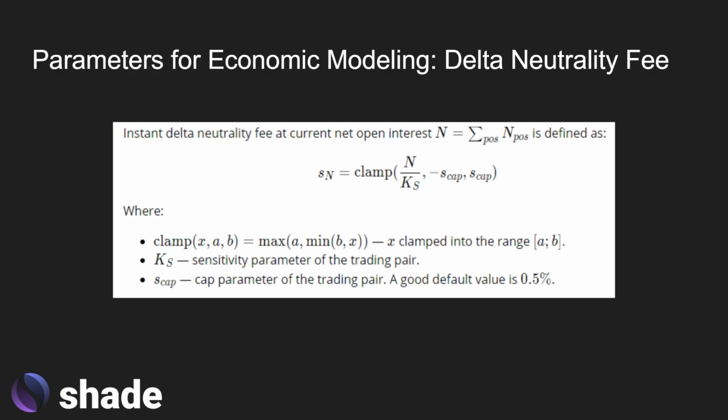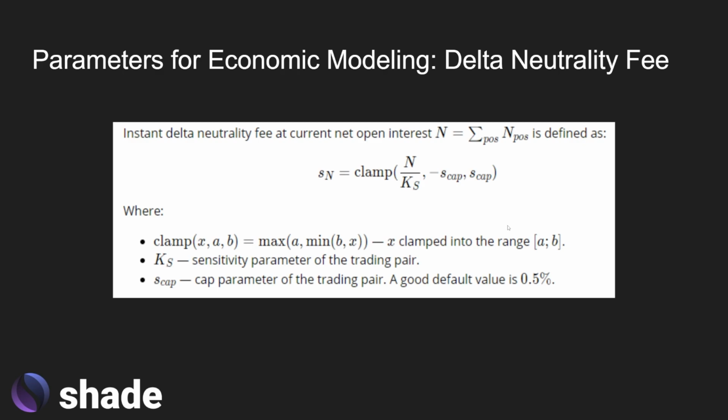So for determining these instant delta neutrality fees at any given time t, where current net notional open interest equals the sum of these positions multiplied by the notional size of each position, we can use the function here, which basically states that the delta neutrality fee at any given instant is equal to net open interest divided by this sensitivity parameter, between the positive and negative delta neutrality caps.